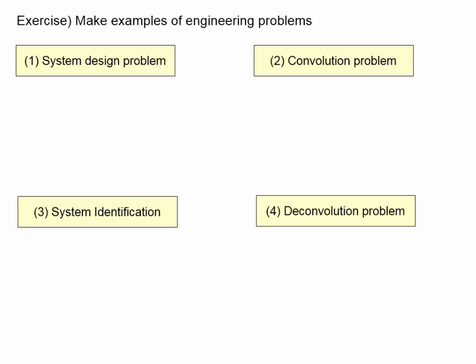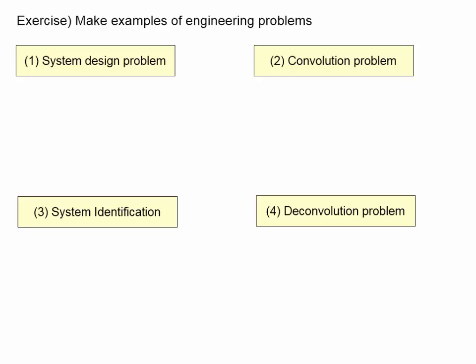Shape of object. Okay. Deconvolution problem. Criminal. That's a good example. I think the forensic analysis is also a good example of the deconvolution problem. Good, great. I think so.